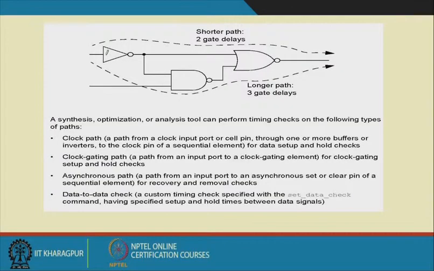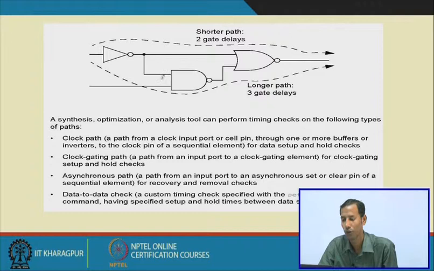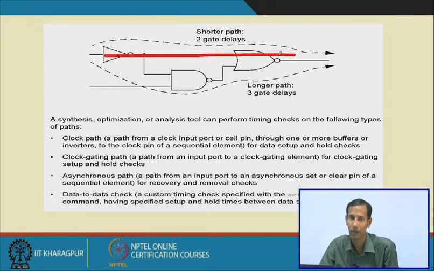So then again you take another example, from this inverter we have this kind of circuit. At this particular path we have a shorter path. Why shorter?